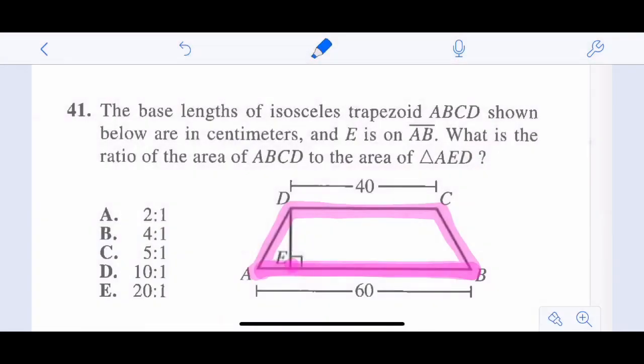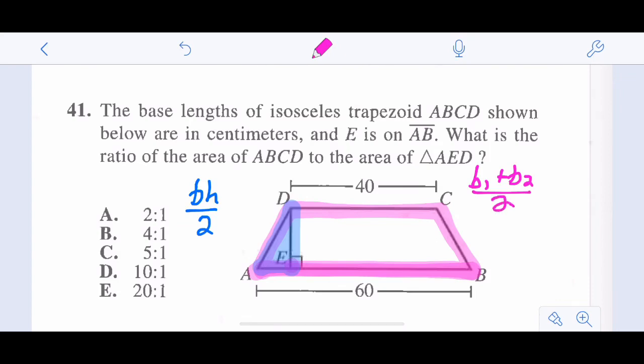So we have the trapezoid and this triangle AED, and we want to know the ratio of the triangle to the trapezoid. The area of a triangle is base times height divided by 2. The area of a trapezoid is base 1 plus base 2 divided by 2 times height.